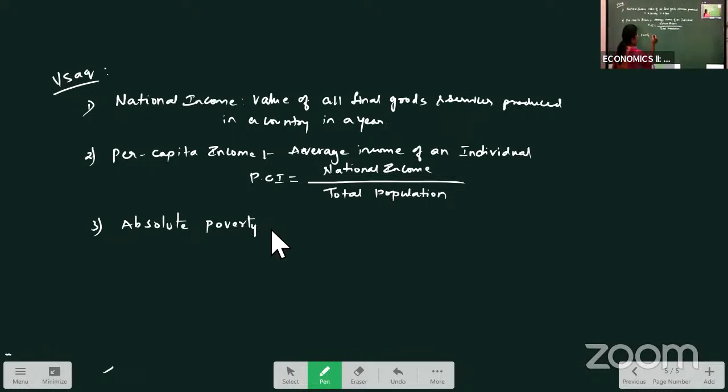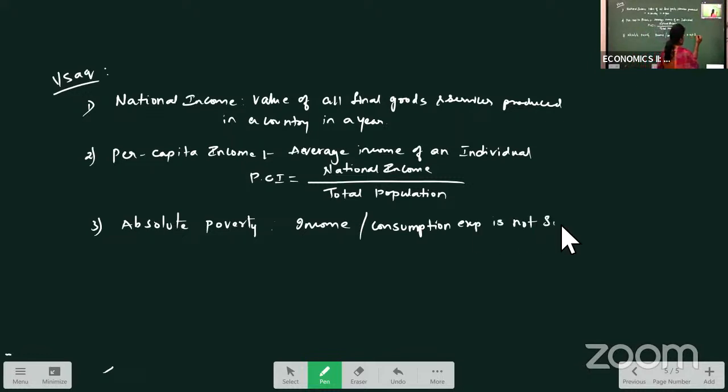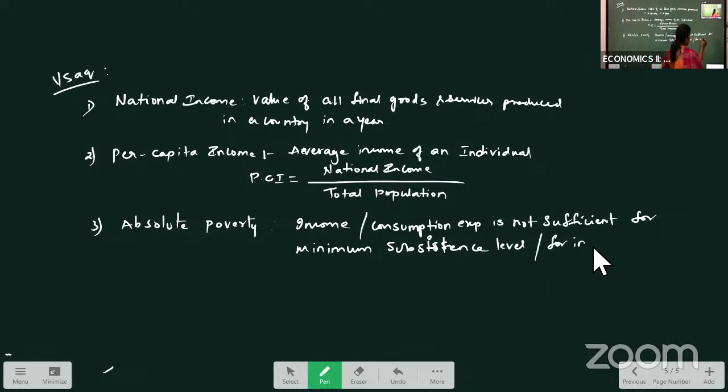Absolute poverty means those whose income or consumption expenditure is not sufficient for the minimum subsistence level or for intake of calories.